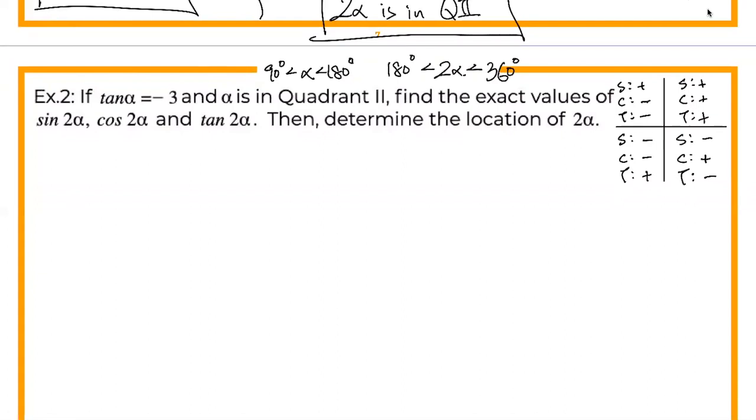Now, since I know my angle is in quadrant 2, I'm going to draw my triangle as if I were in quadrant 2. And so this is my alpha, okay? If they give me tangent, what 2 sides are they telling me about?